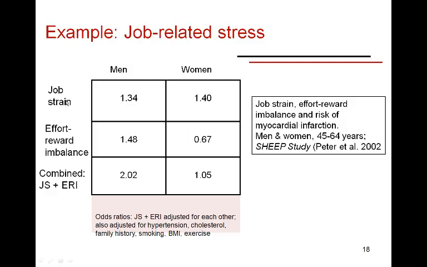These are each adjusted for each other, and you can see the risk here is of myocardial infarction in men and women aged 45 to 64. And you can see elevated risk for both. It's fairly comparable using the job strain instrument. Interestingly, the effort-reward imbalance does not show comparable findings for men and women, quite different, and the combination of the two kind of nulls it out for women, but you do see this significantly elevated risk among men.